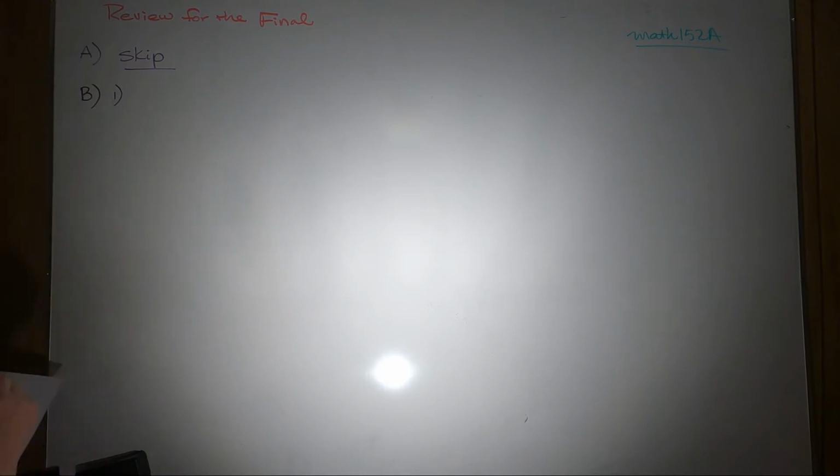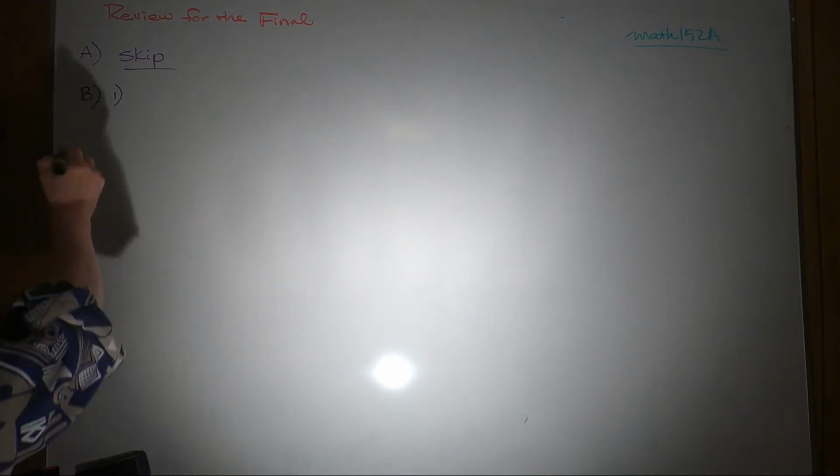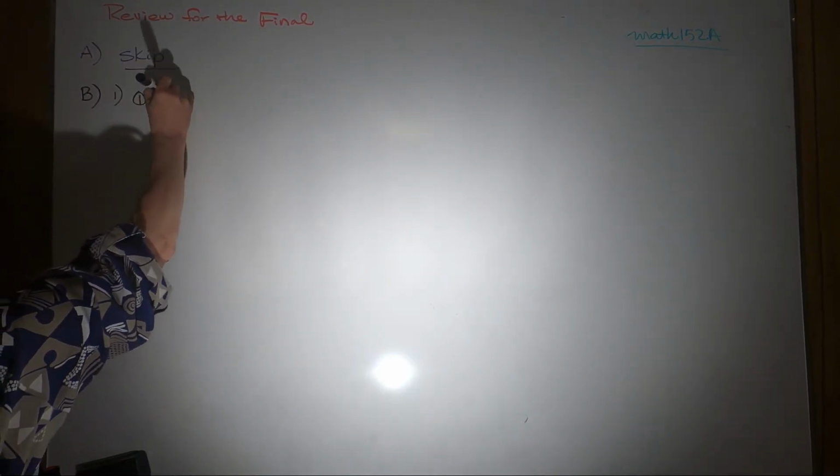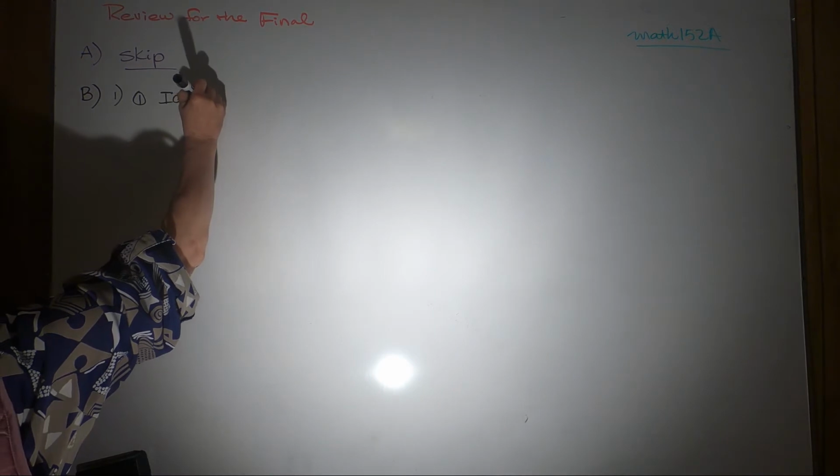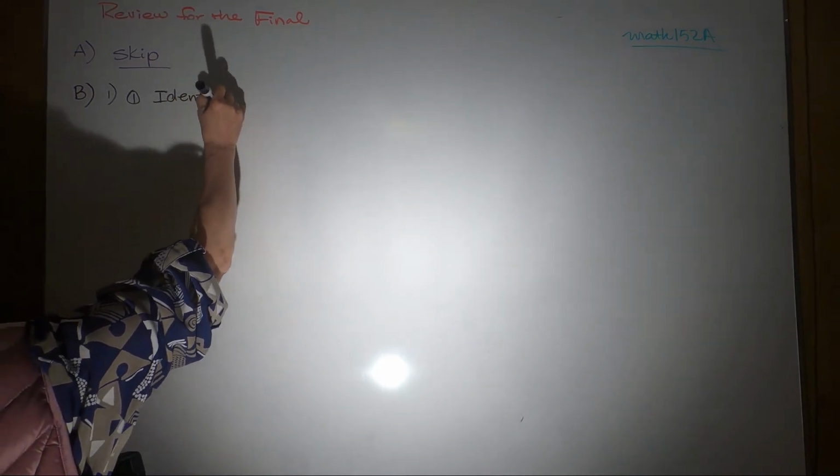First one. Find the two consecutive even integers that have a sum of 450. Okay, so for word problems, how should we start? We always identify the things we need first, right?